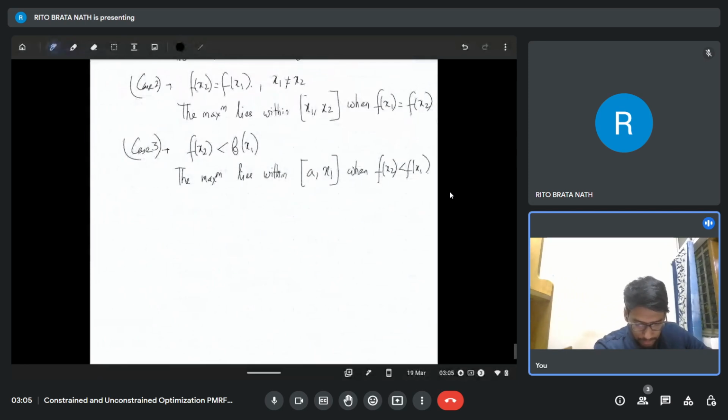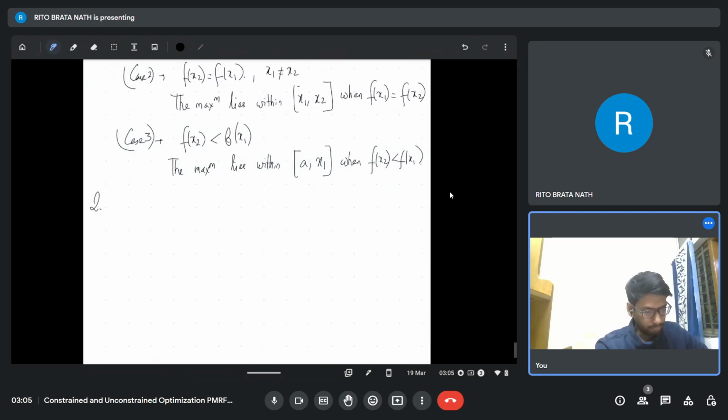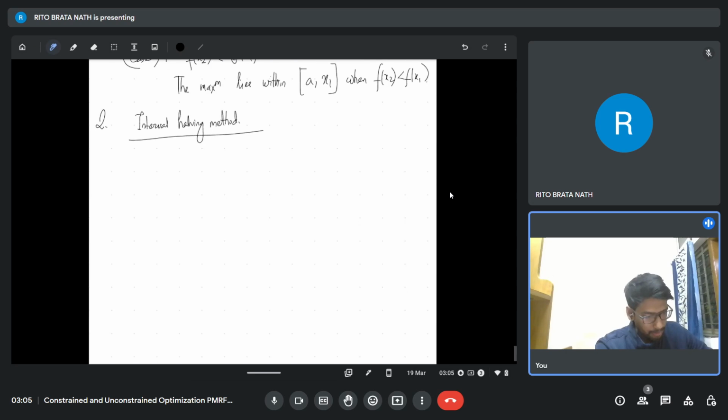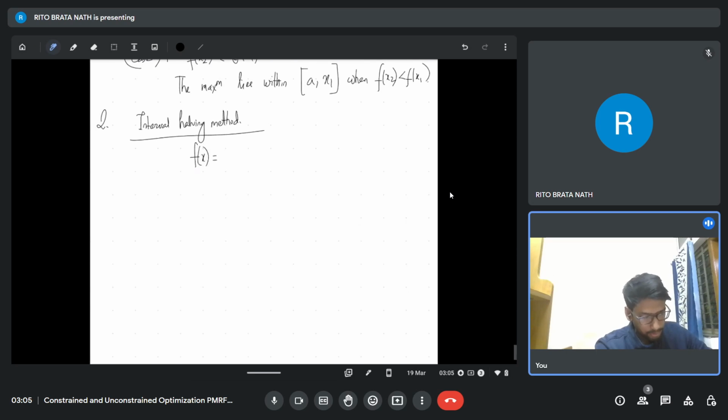Problem 2 will be to find a minimum of a function within 10% of the exact value using the interval halving method. So probably I'll have a different problem here. Interval halving method. I'll change the expression of the function.